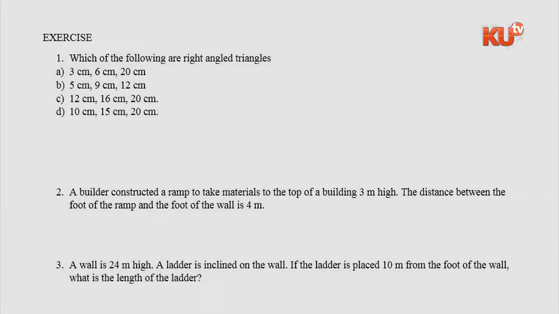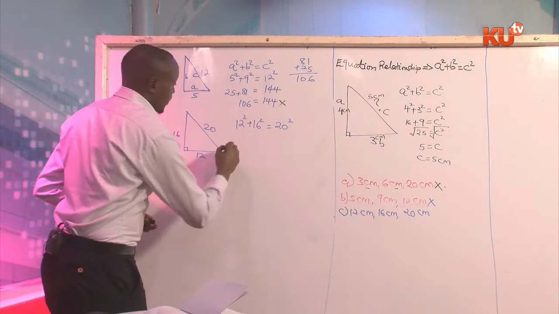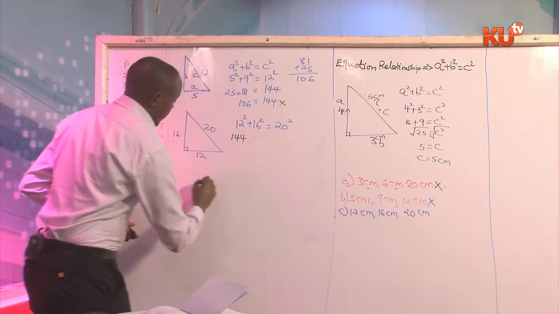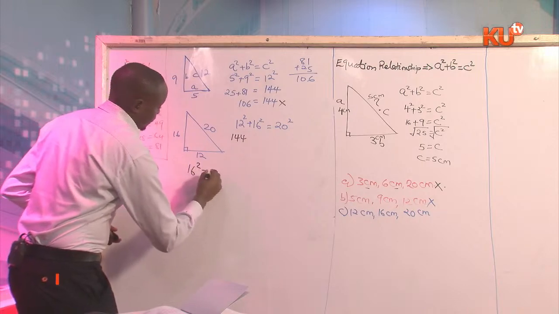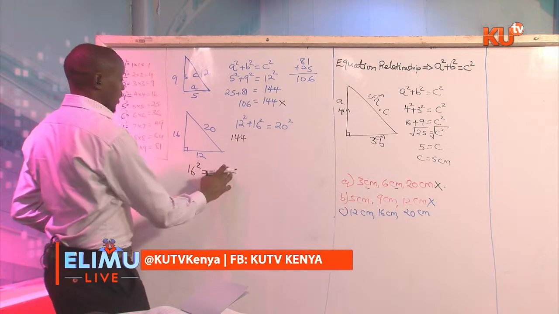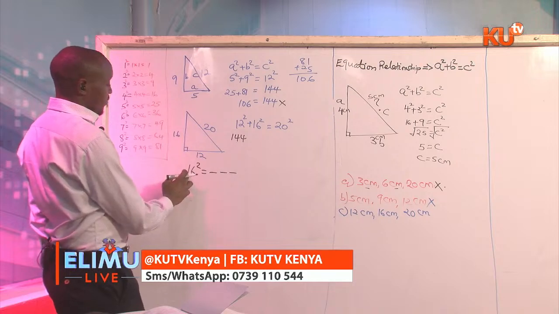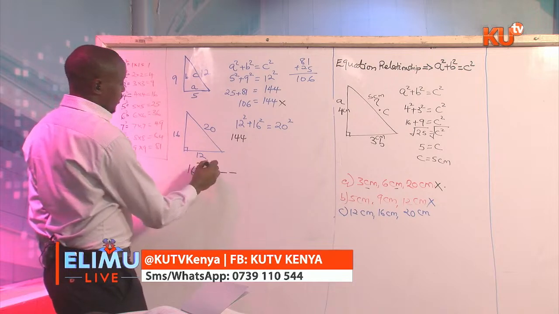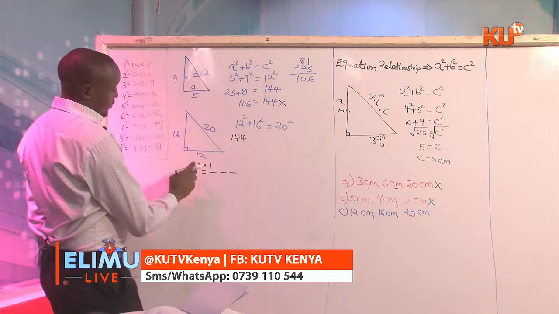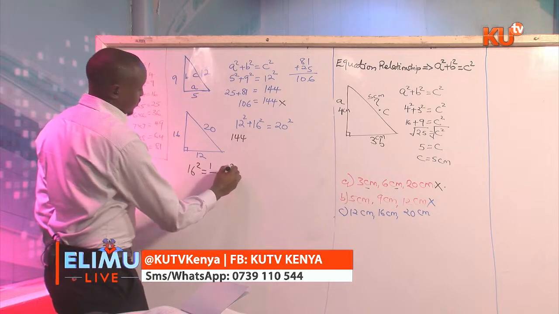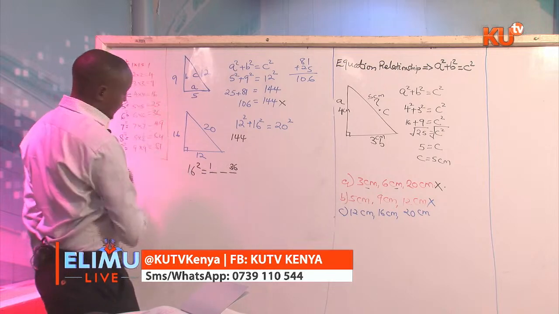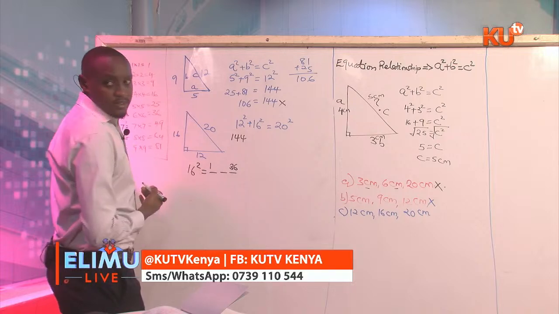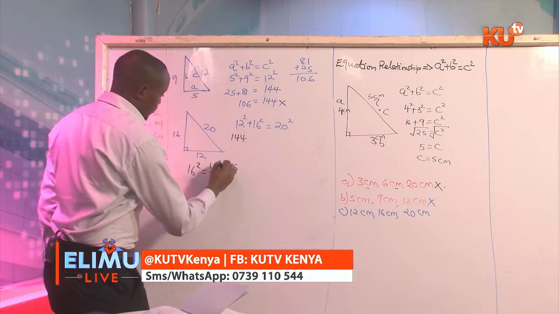We said 12 squared, we have seen it here, is 144. Let's check 16 squared from our simple method of getting squares. Square the first digit, which is 1. 1 squared is 1. Jump the middle term, square 6, which is 36 from our list here. And then 1 times 6 is 6. 6 times 2 is 12.